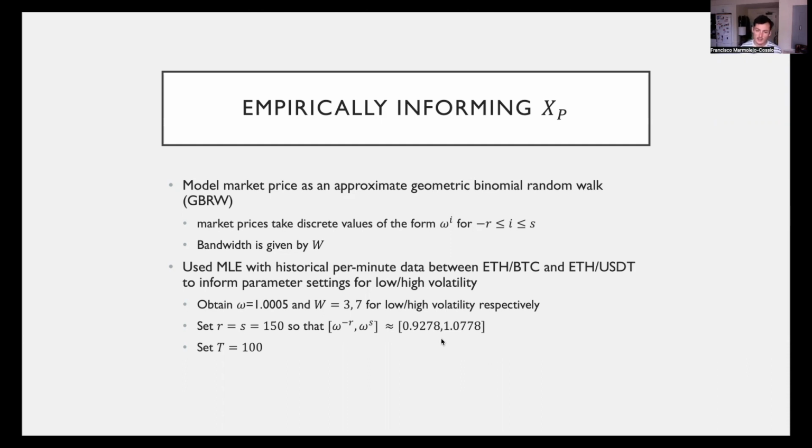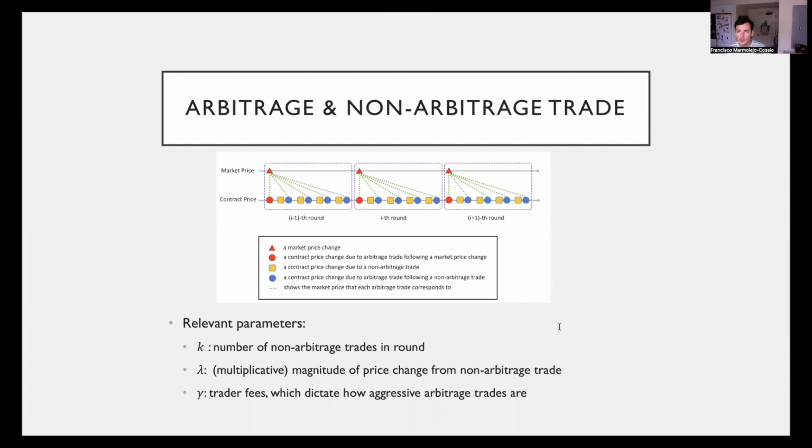And we're looking at prices that are roughly around parity. So this could be more like coins that are correlated, like two stable coin pairs, or ETH and Bitcoin being more correlated. And we're looking at a time horizon, in this case, of roughly 2 hours, which corresponds to this T of 100. That's the way that market prices are sampled.